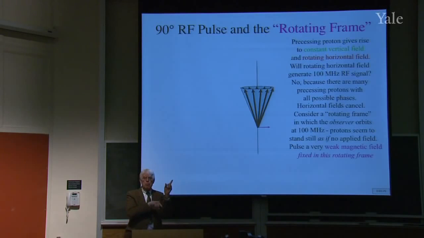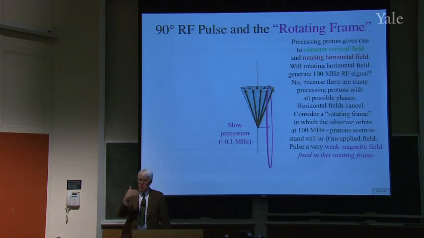And so these things will precess around that, right? But now they make all different angles because they're not quantized with respect to that one. They're quantized with respect to the vertical field. So they'll precess like that. That particular one would go, and all the others would go precessing at the same rate. Okay. So that's about 0.1 megahertz rather than 100 megahertz. So this is a 1,000 times weaker field.